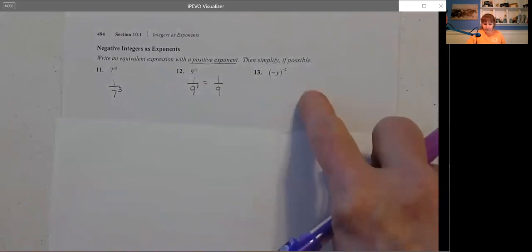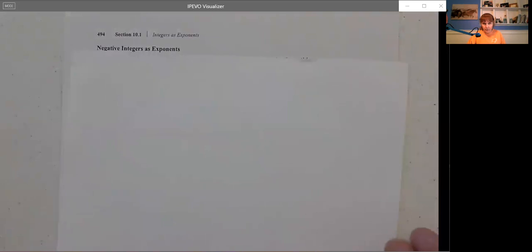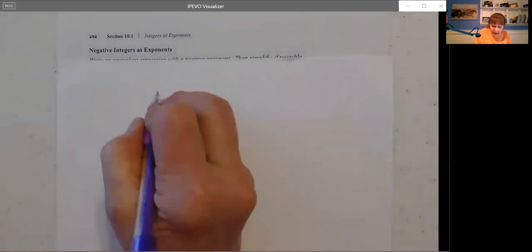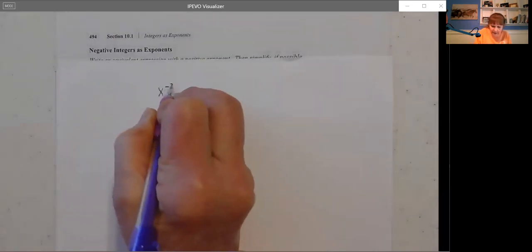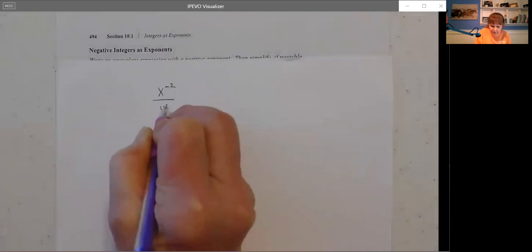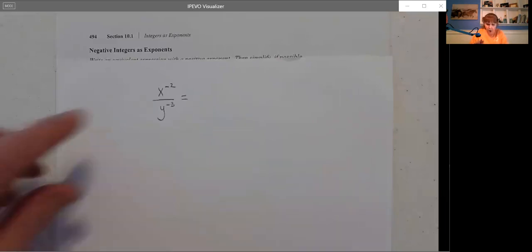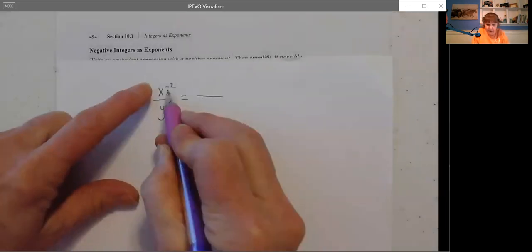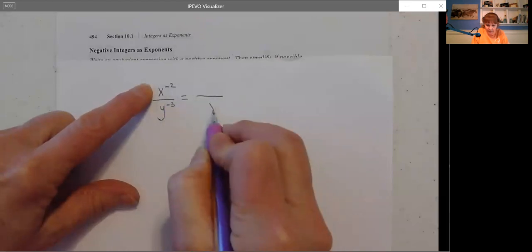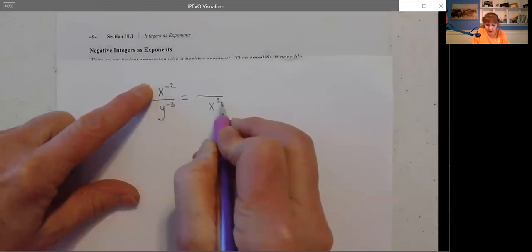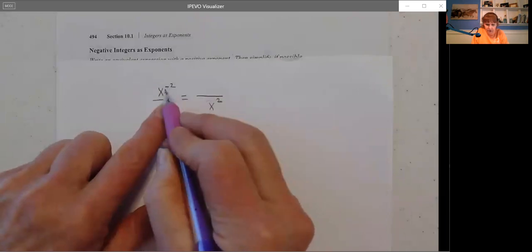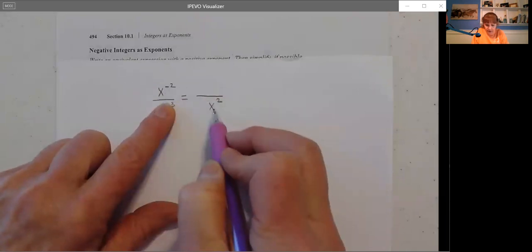Before we talk about 13, I want to look at a couple more examples. Let's say I have x to the -2. This might help you understand what's going on. I want to rewrite this with positive exponents only. It's in the numerator, it will come down to the denominator, and when I change the position from numerator to denominator, you get rid of the negative.